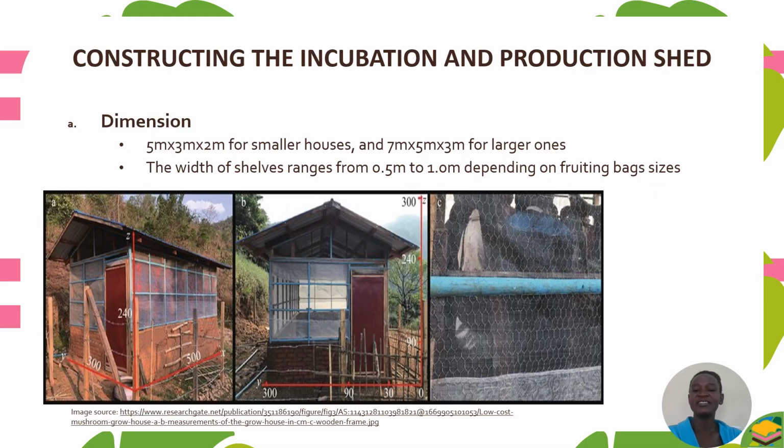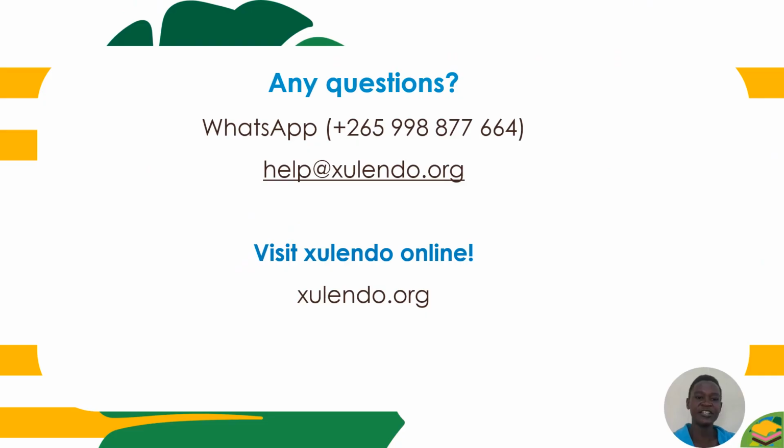So that's it on the construction of the incubation as well as the production sheds. So that makes the end of today's lesson. So far, we've looked at the factors to consider when selecting the mushroom species which you want to grow.